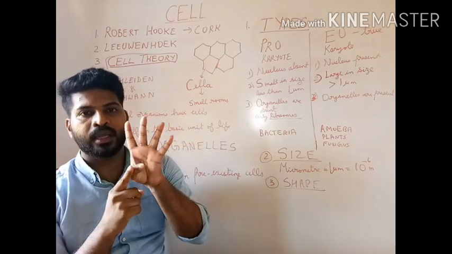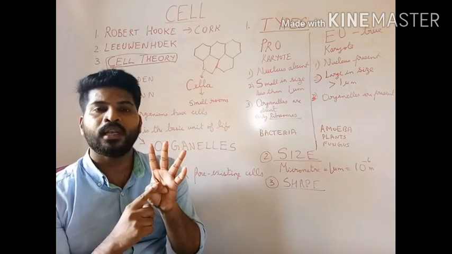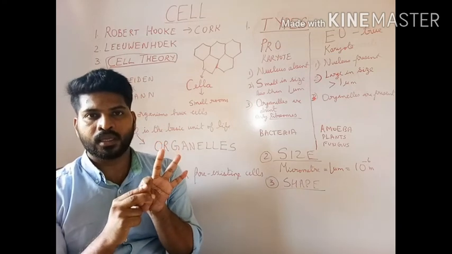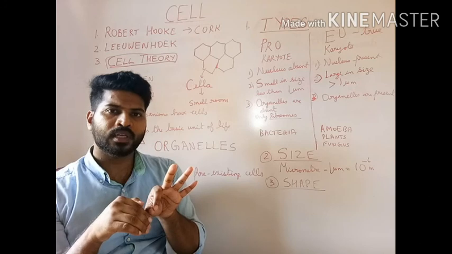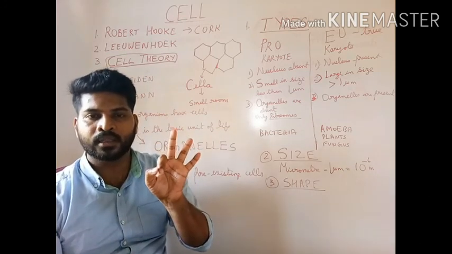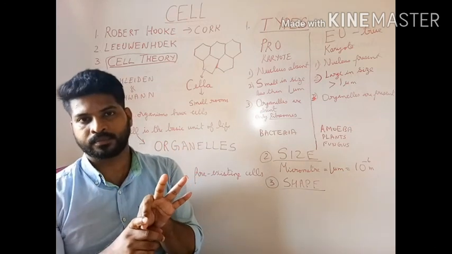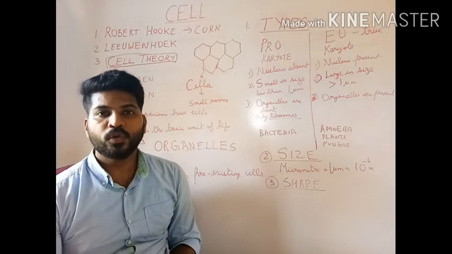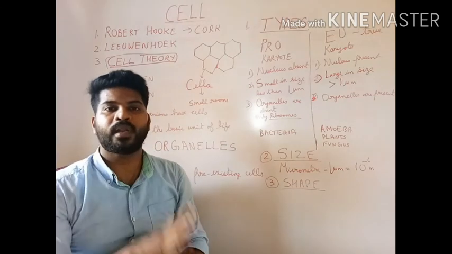Number one, a plasma membrane or a cell membrane. Number two, genetic material. This could be present inside the nucleus or it could be present without the nucleus. Genetic material, that is DNA or RNA. And third is the cytoplasm, that is present inside the cell membrane.